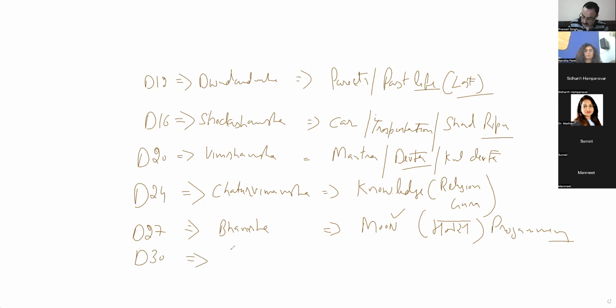This is known as the Trimshamsha chart. This is very, very important. All the major health issues that are coming, all bad incidents happening in life, right? Any struggles that you have, all these things are seen.